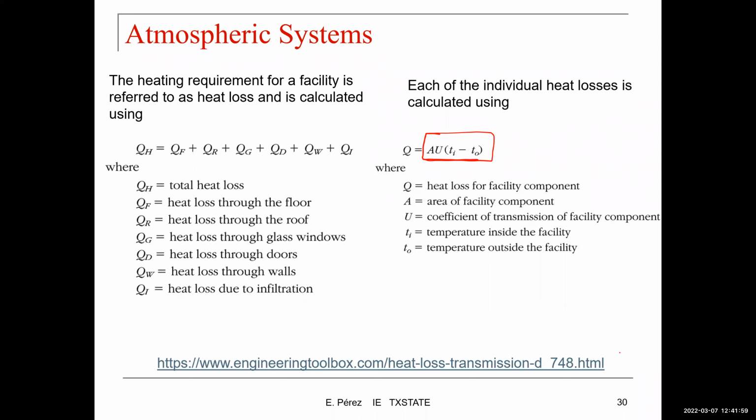For each of these components, we have a coefficient of transmission, and it is based on the type of item you are looking at and the materials you use in the construction of the facility. When we look at the walls by themselves, we look only at the area of each wall and also the materials of the wall.